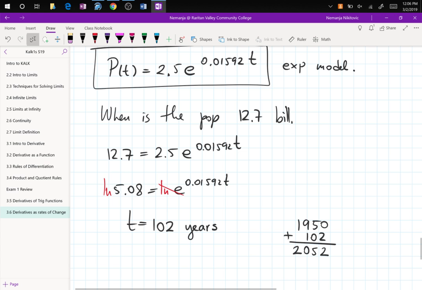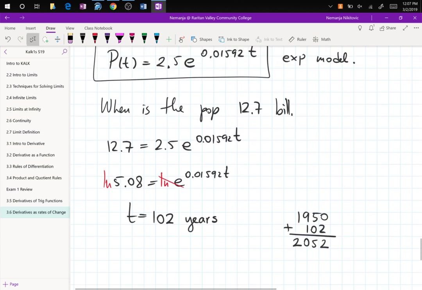Miles per hour, right? How many miles you go in a unit of time, which is hour. How many people do we add in a unit of time, which is a year, right? You don't add people by hour, right? It takes 9 months to cook up a baby, so that's going to be at least a year, right?